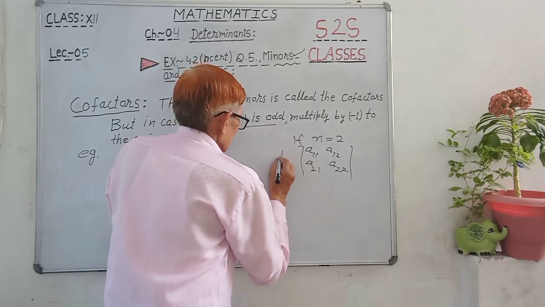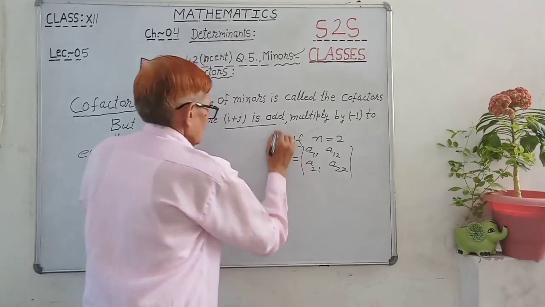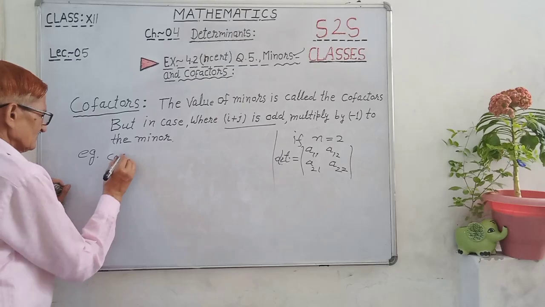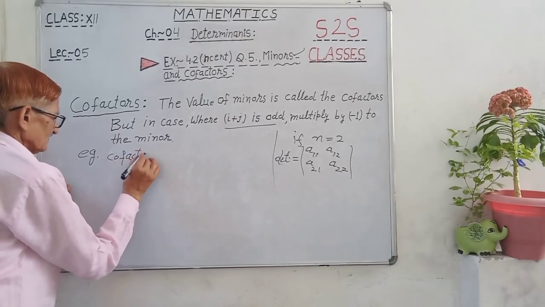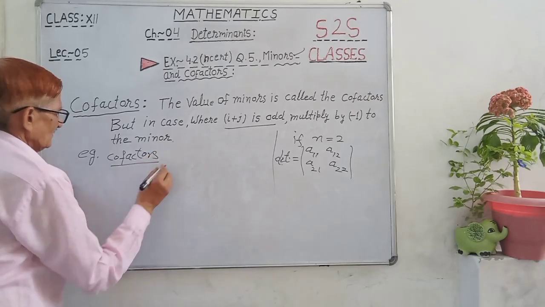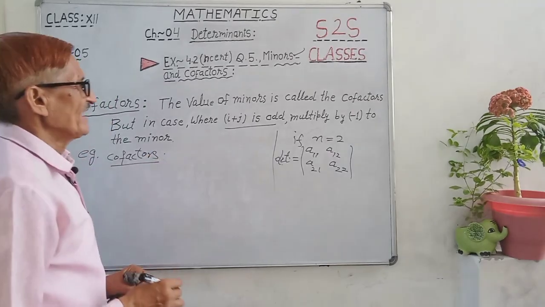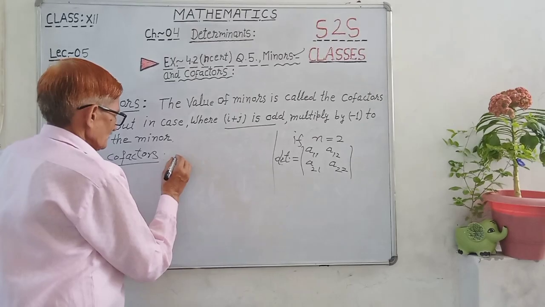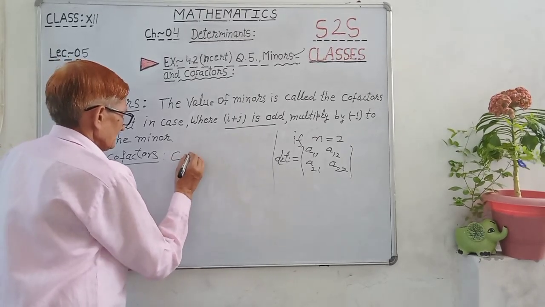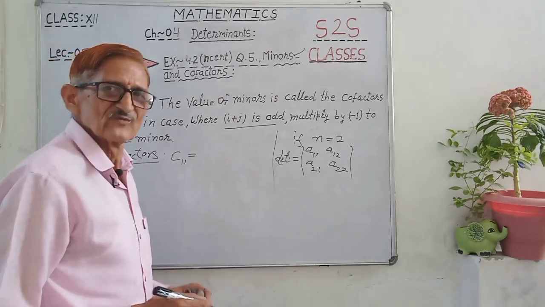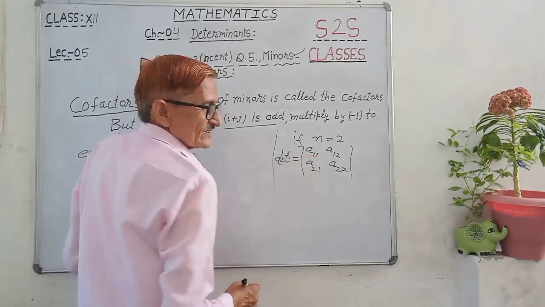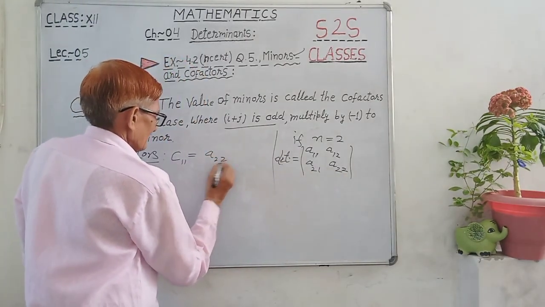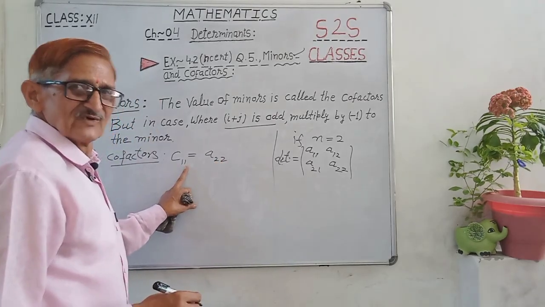Minor is represented by M, cofactor represented by C. Then C11, the cofactor of the first element, will be the same as the minor, because the sum of i and j is even, so it stays as it is.